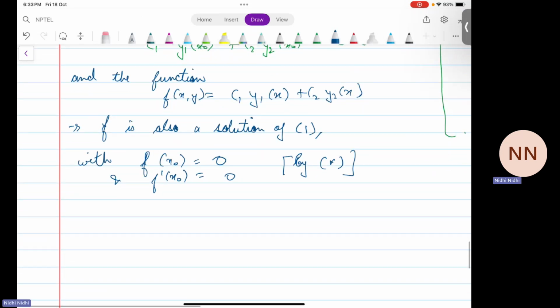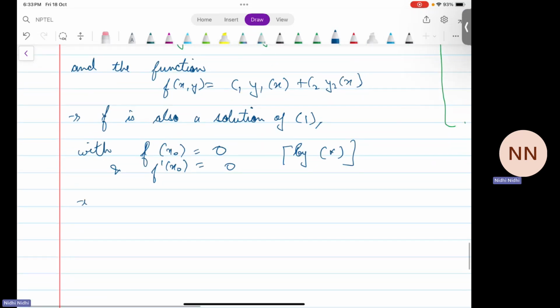Now this gives us that f is a trivial function, because we have a theorem which states that if there exists some point x naught in the given domain such that f x naught and f dash x naught are 0, then f turns out to be trivially 0.